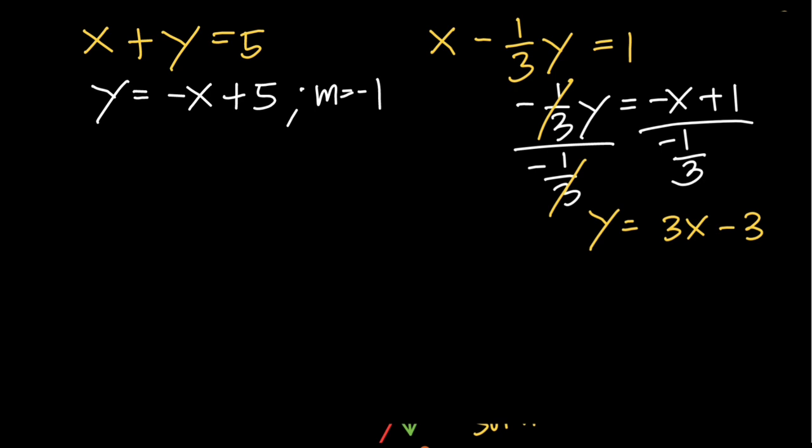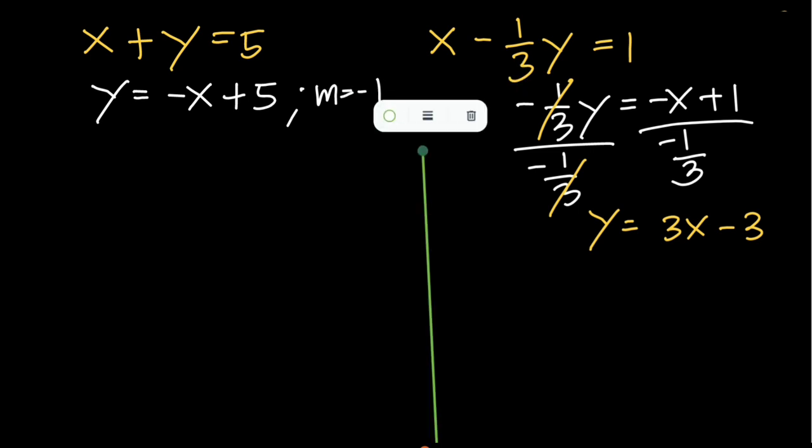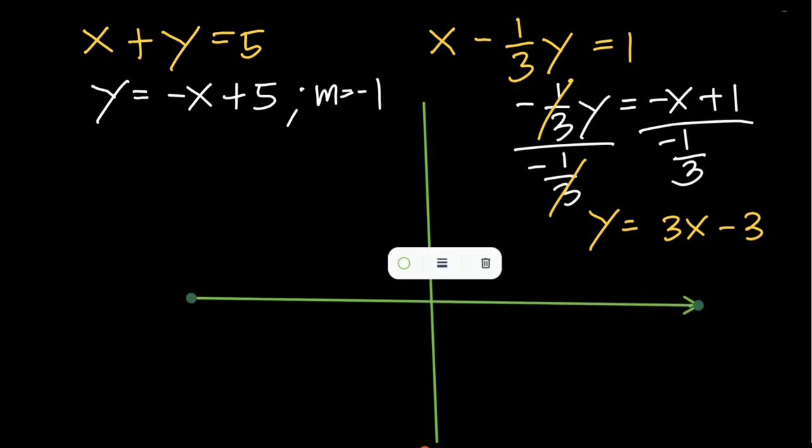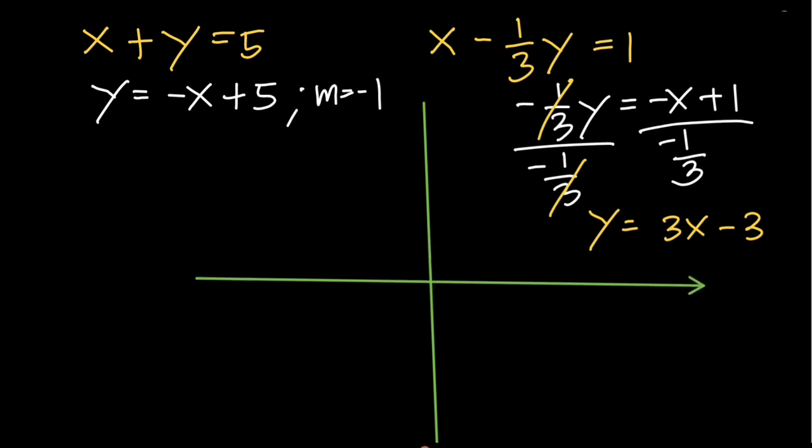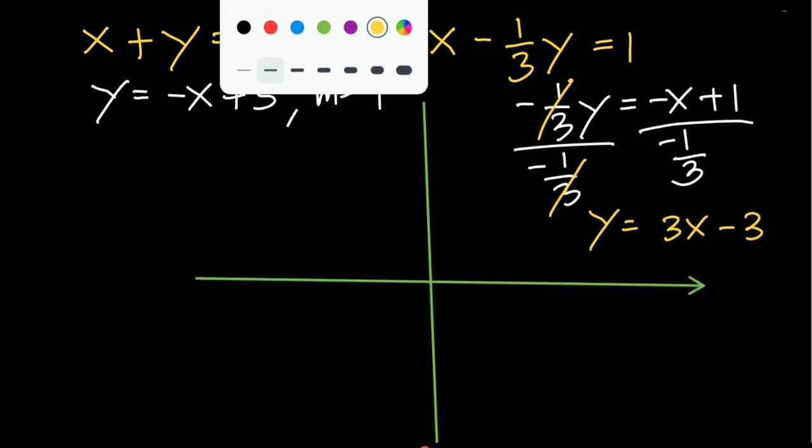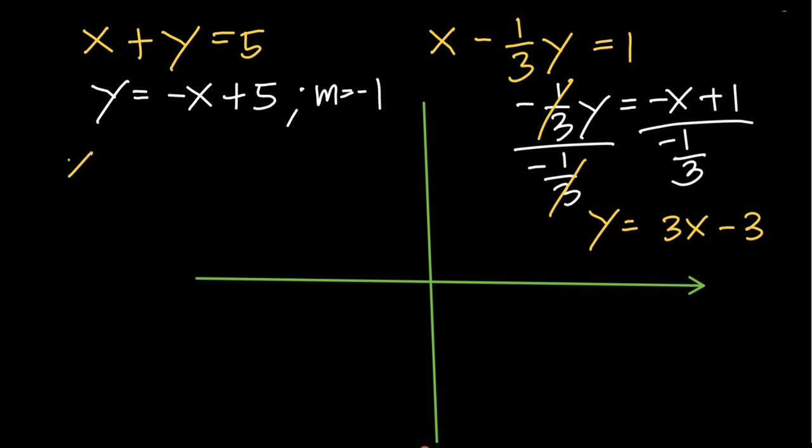Yeah. Now let's graph. Again, this may not be accurate. I mean the graph, because I'm only drawing it here. Okay, now let's assign values for x to solve for y.